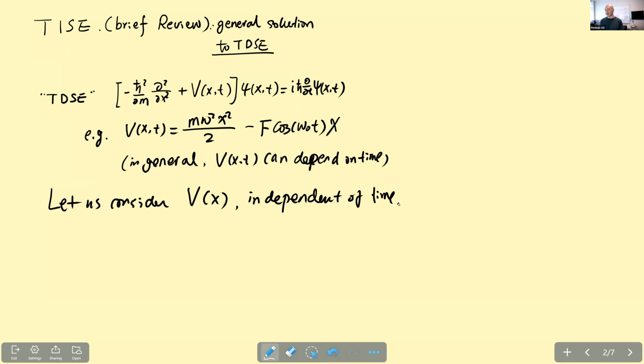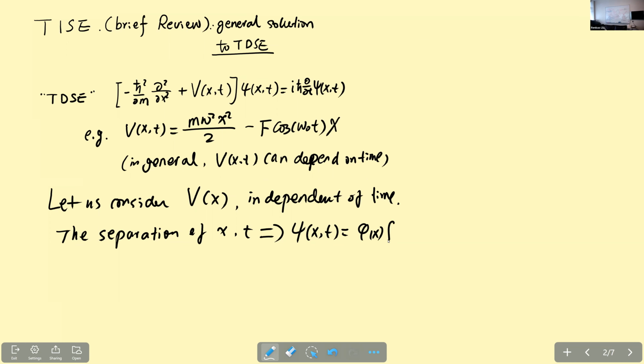In this case, we can do the separation of variables in x and t. It's possible, right? So we can write down psi(x,t) equals, for example, phi(x) times f(t). Then we just follow the standard procedure of the separation of variables method.